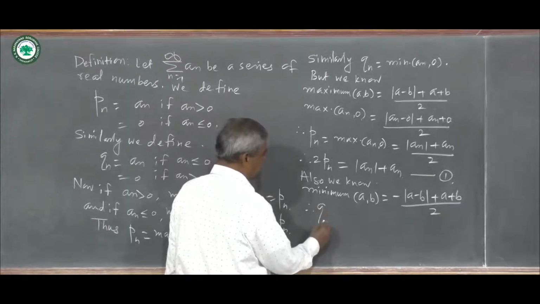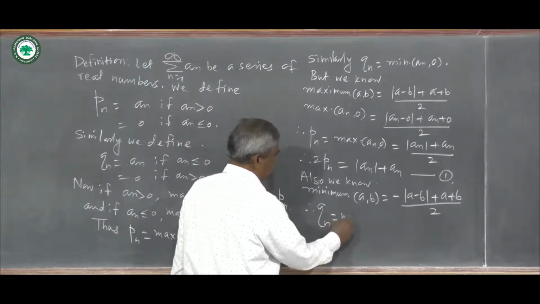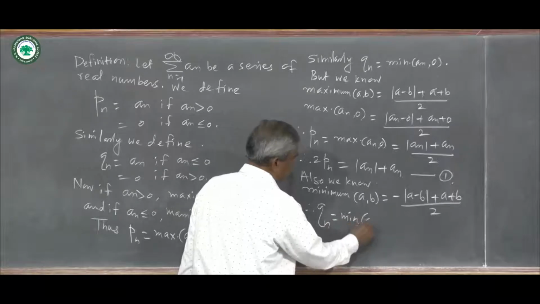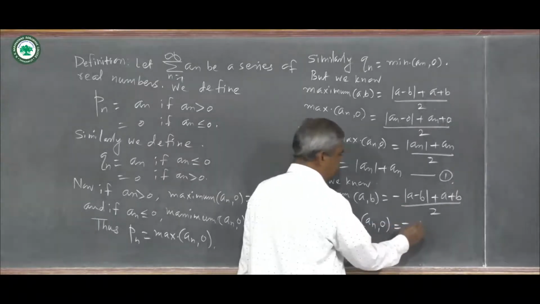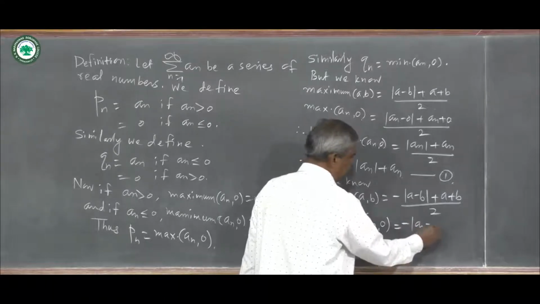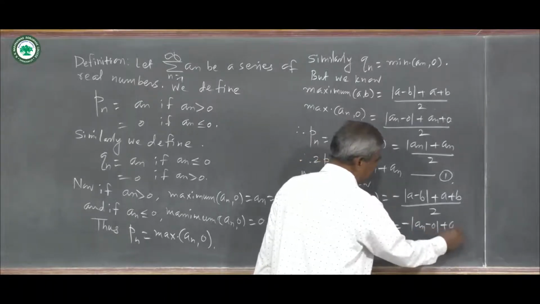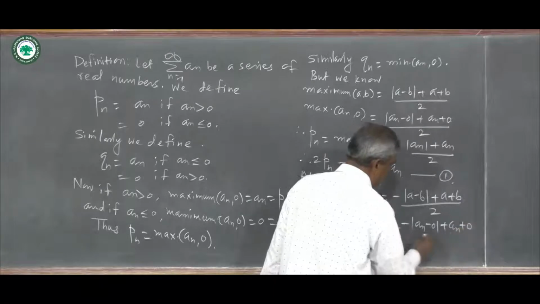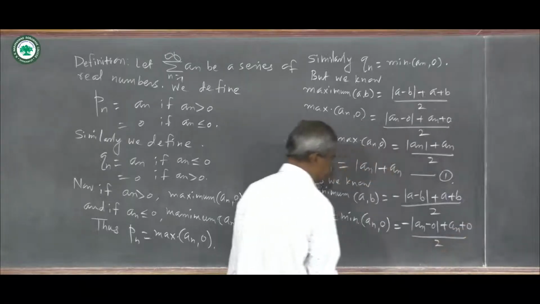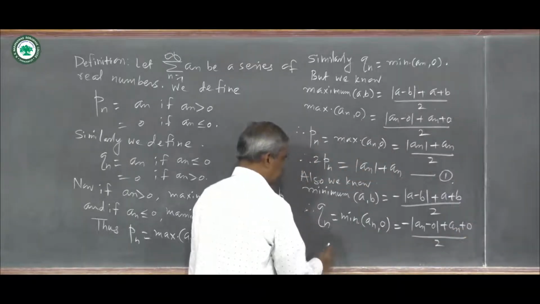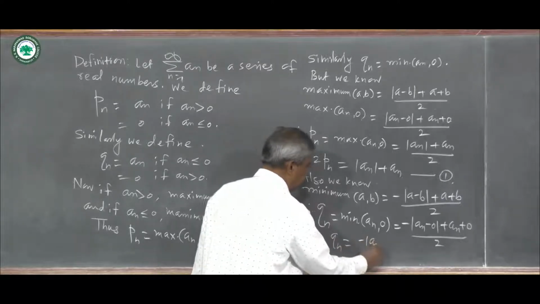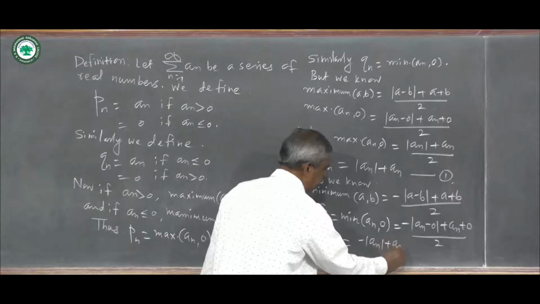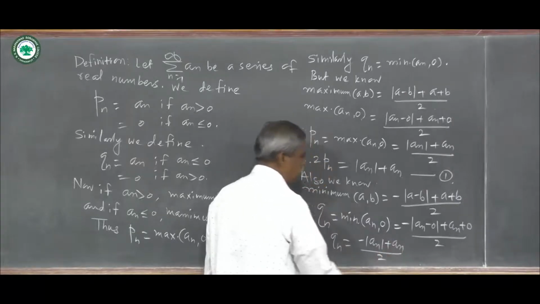Therefore, q_n equals the minimum of a_n and 0, which is equal to minus mod of a_n minus 0 plus a_n plus 0, upon 2. So q_n equals minus mod of a_n plus a_n upon 2.